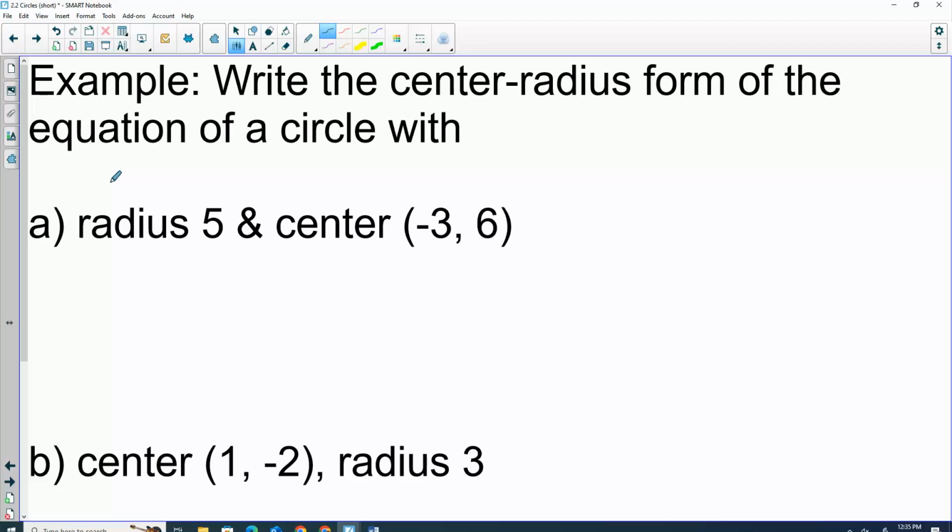So, first, let's just practice writing the equation. So if I want the equation of a circle that has a radius of 5 and a center of (-3, 6). So center radius, that's (x minus h) squared plus (y minus k) squared equals r squared. So what would I write?